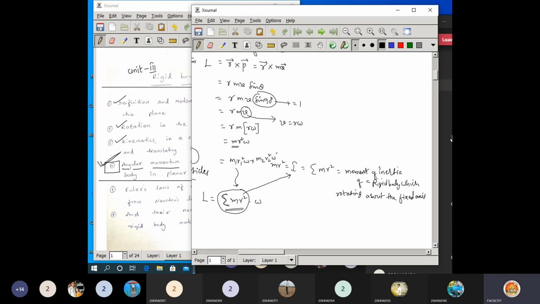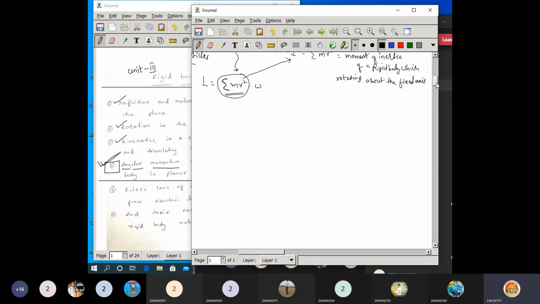Okay, now that is the thing we are going to replace here. Just the concluding equation here, we can write this as L equals I omega.